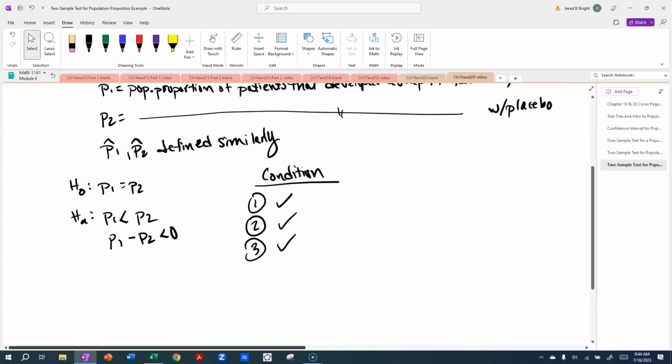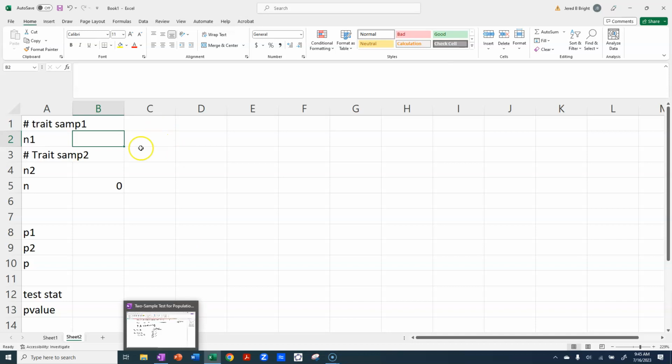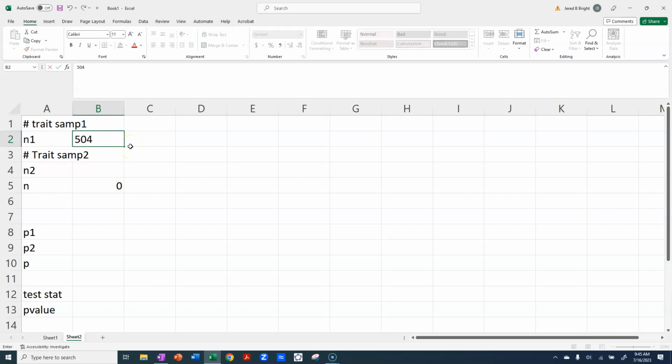For the running of it, I'm going to go into Excel. I have everything started out here. We just need to fill in the blanks. Anything with a 1 refers to those that received the treatment. In the treatment group, there are 504 patients, and of the 504, 17 developed the post-surgical staph infection.